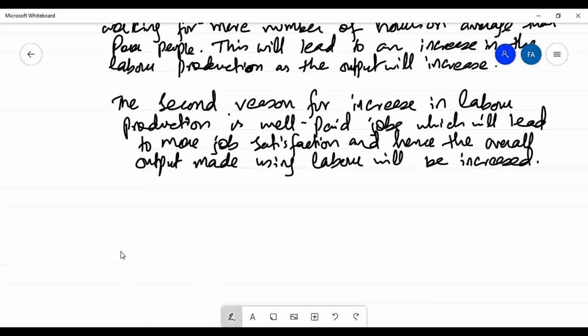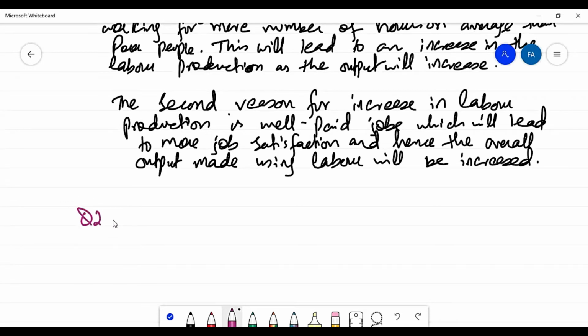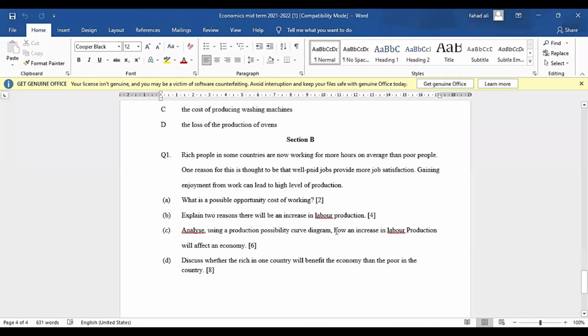So moving onwards to question number 2C. Let's see the question first. The question is saying, analyze using a production possibility diagram how an increase in labor production will affect an economy.